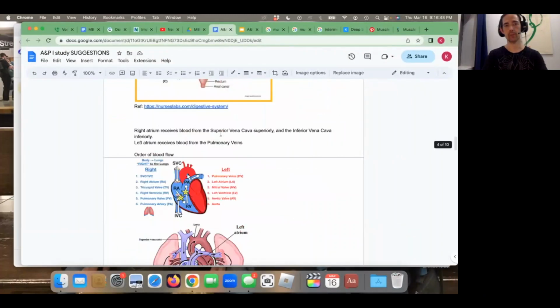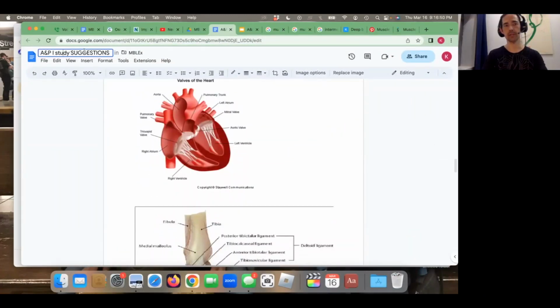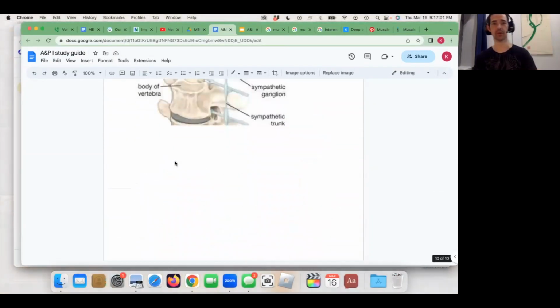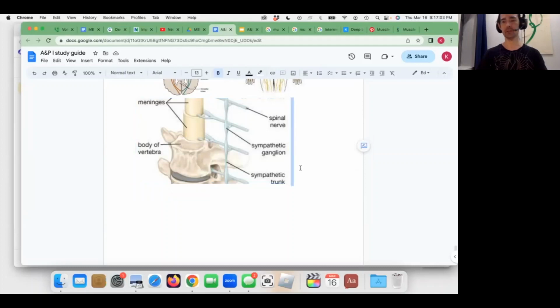So this is the A&P 1 study suggestions, study guide. The reason I call it suggestions or guide is because there's so much in anatomy and physiology, it's impossible to remember it all.